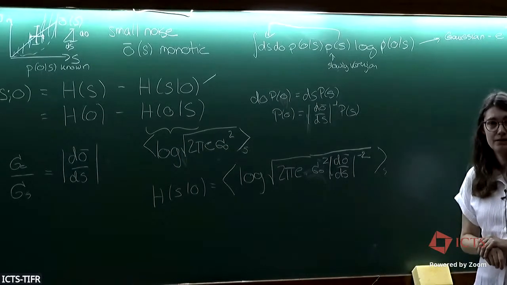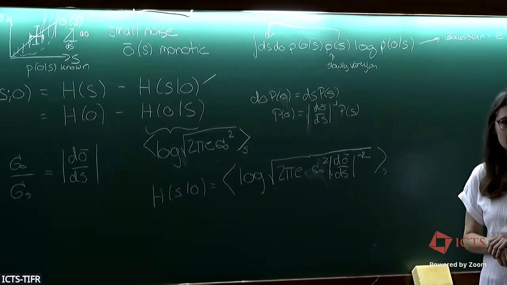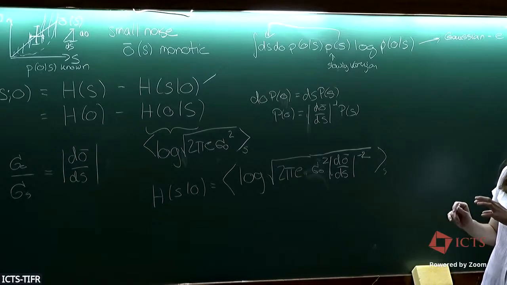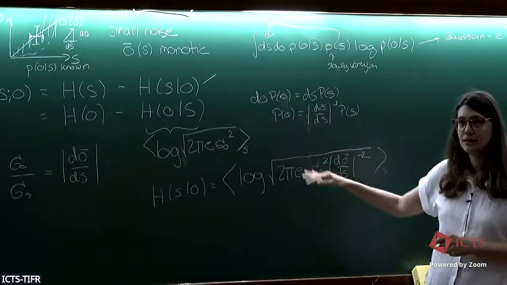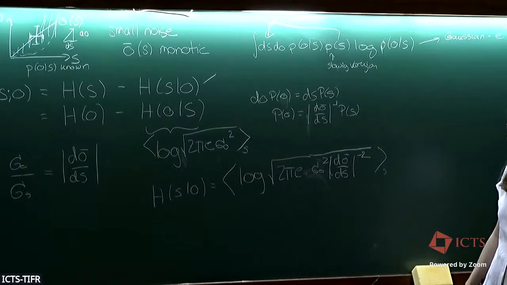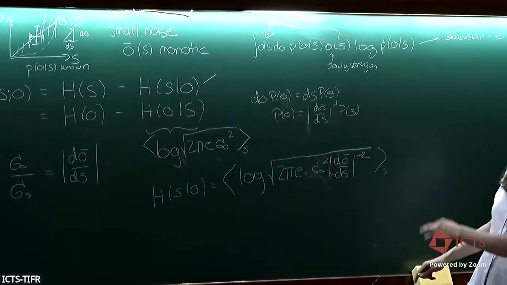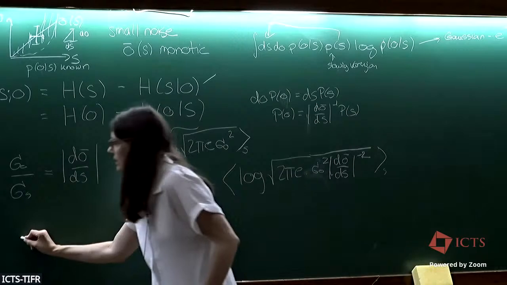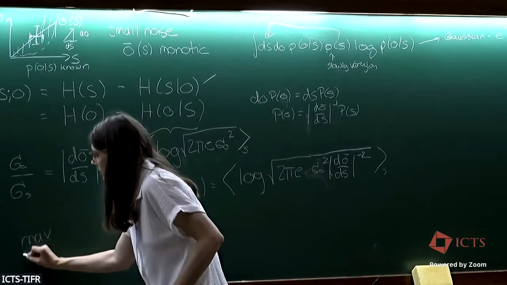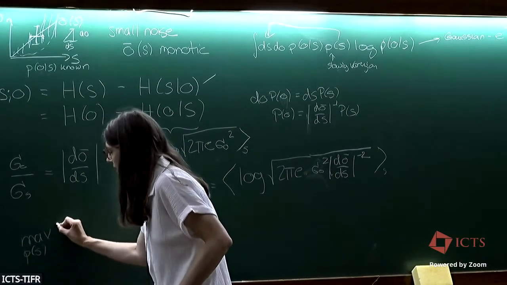Are people still following? I see some nodding faces, so that's still sort of clear. All we've done is assume these things are Gaussian, and then play around with the noise. Now that you have this expression, you can maximize your information over PS by writing down the individual terms.